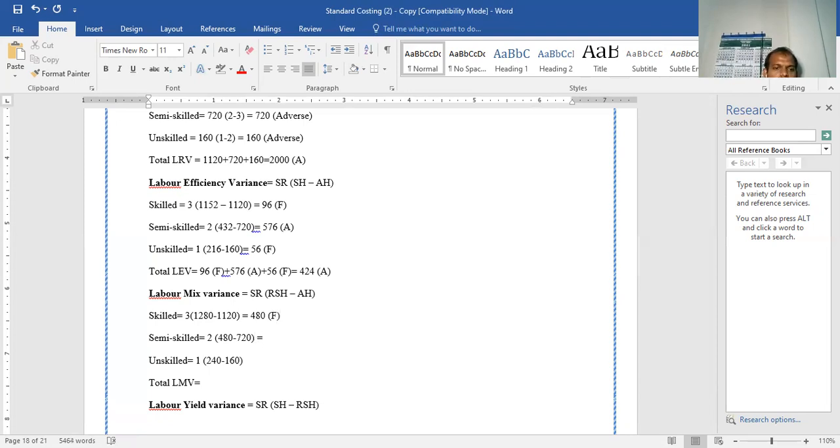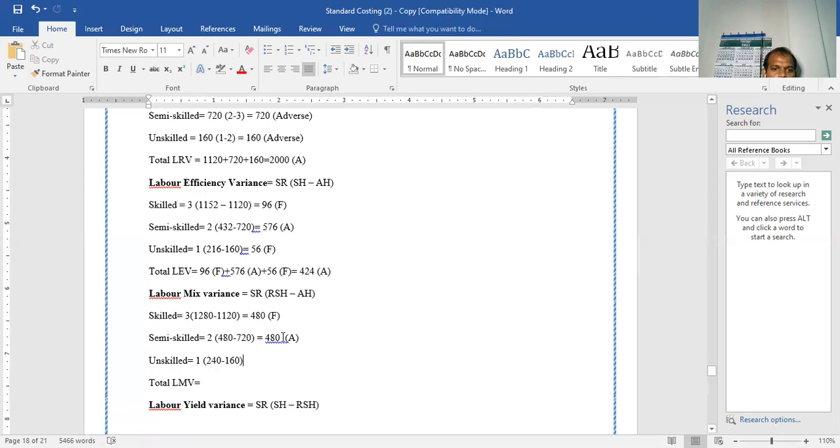Now coming to the semi-skilled labor, the minus value is high, which means adverse variance. If you are getting confused, mention it earlier itself, and then calculate the amount. 480 adverse.